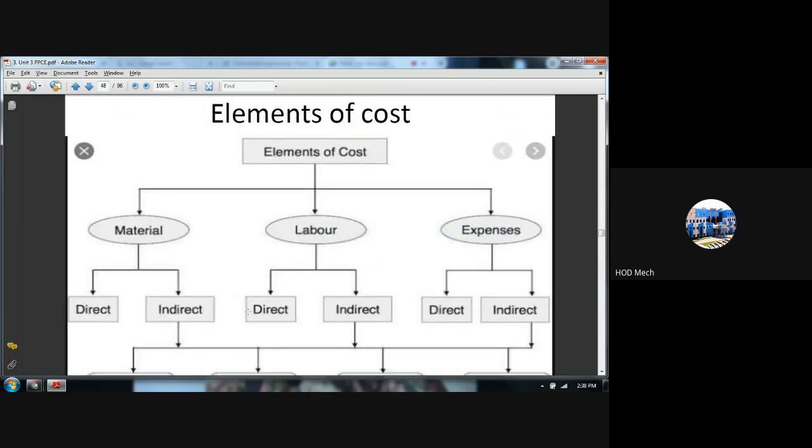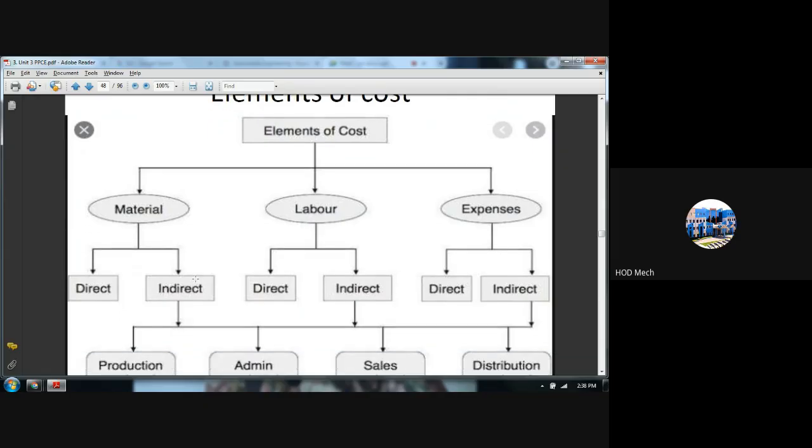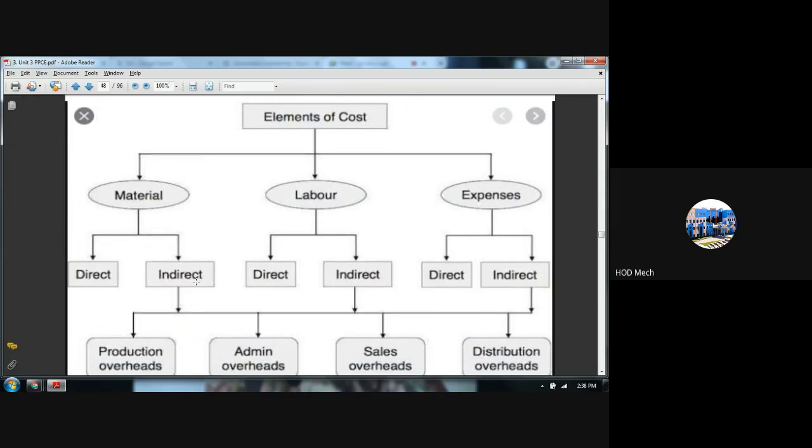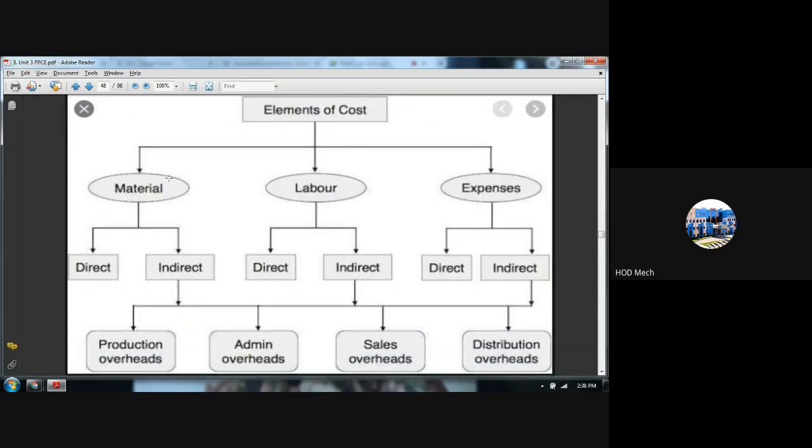So when you go for element of cost, it is divided into these three types. Simple. Just remember, element of cost is divided into three: material, labor, expenses. Material has direct and indirect. Labor direct, indirect. Expenses direct, indirect.